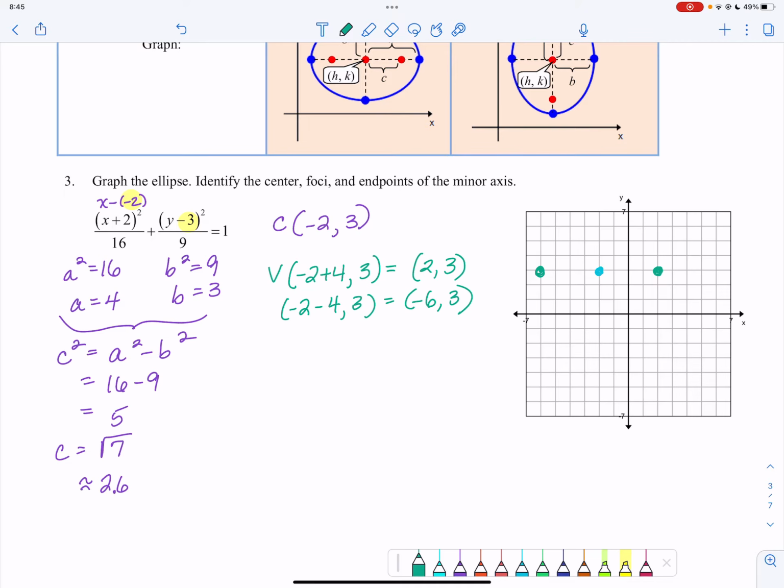Okay, and then now we can go ahead and work on our foci. And here we have -2 minus root 7 and -2 plus root 7. And so we don't have to put those on there, but we could go ahead and compute that. So -2 plus root 7, that's about 0.6. And then we have -2, oh, that was the plus.